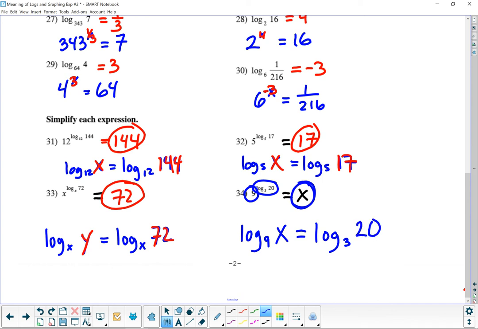All right. Now, in this case, we cannot say x is equal to 20 because the bases are not the same on both sides. You guys see that?